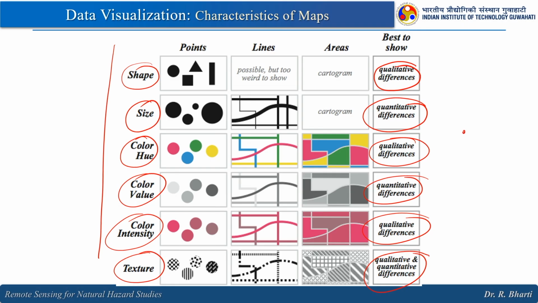So, if you have less population, a small circle. If you have a high population area, maybe a big circle, or different color with different values can also be used, right. So, those are the examples of how you will be generating the map and how you will be representing your values in different symbols, color, texture or color hue, right.